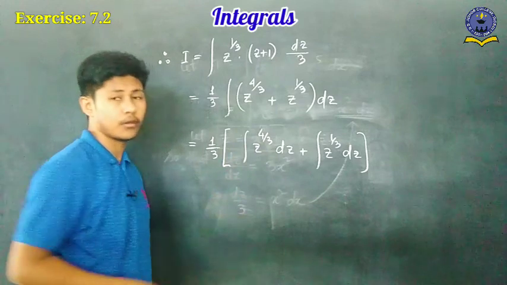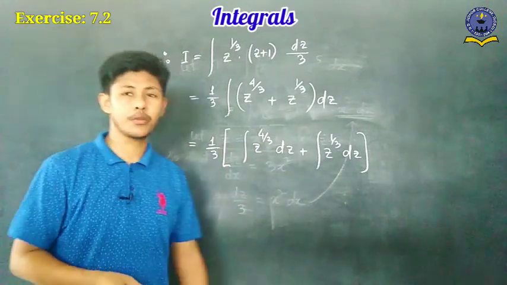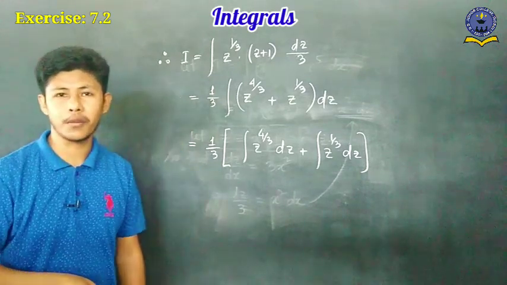Now I think all of you understood which formula we have to apply here: integration of x to the power n dx is x to the power n plus 1 divided by n plus 1.